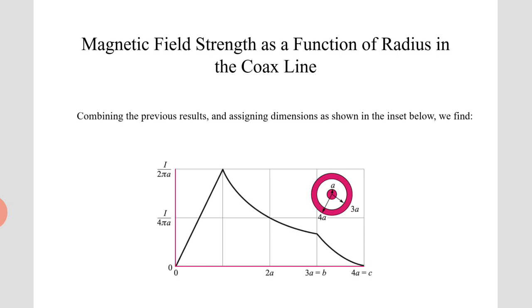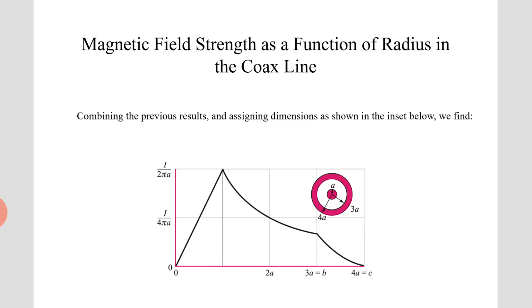At radius 2a, the magnetic field intensity is I by 4 pi a. At radius 3a, which is equal to b, the magnetic field intensity decreases. And at radius 4a, which is equal to c, the magnetic field becomes 0 on the surface.